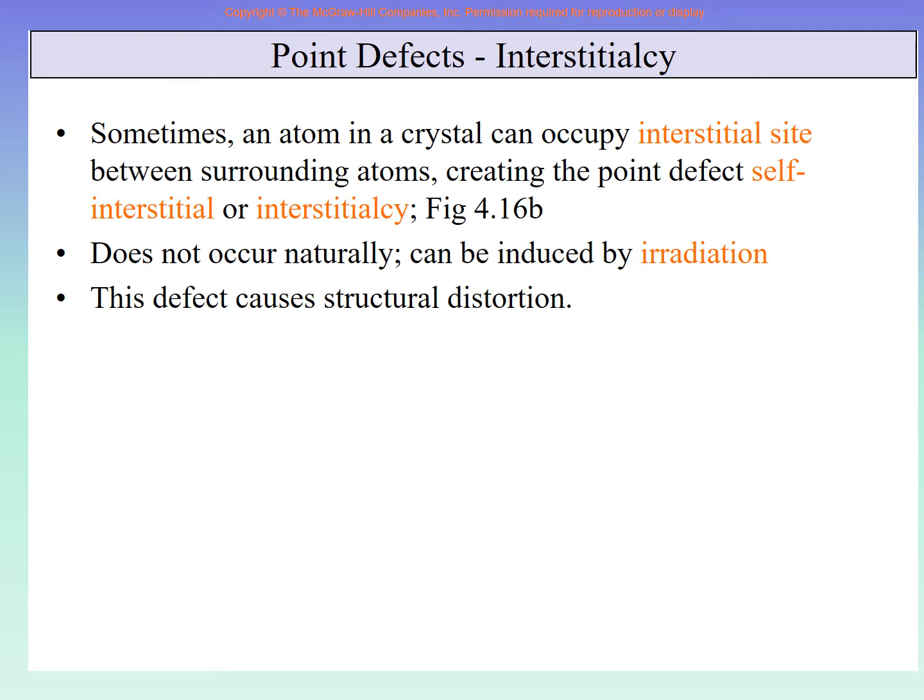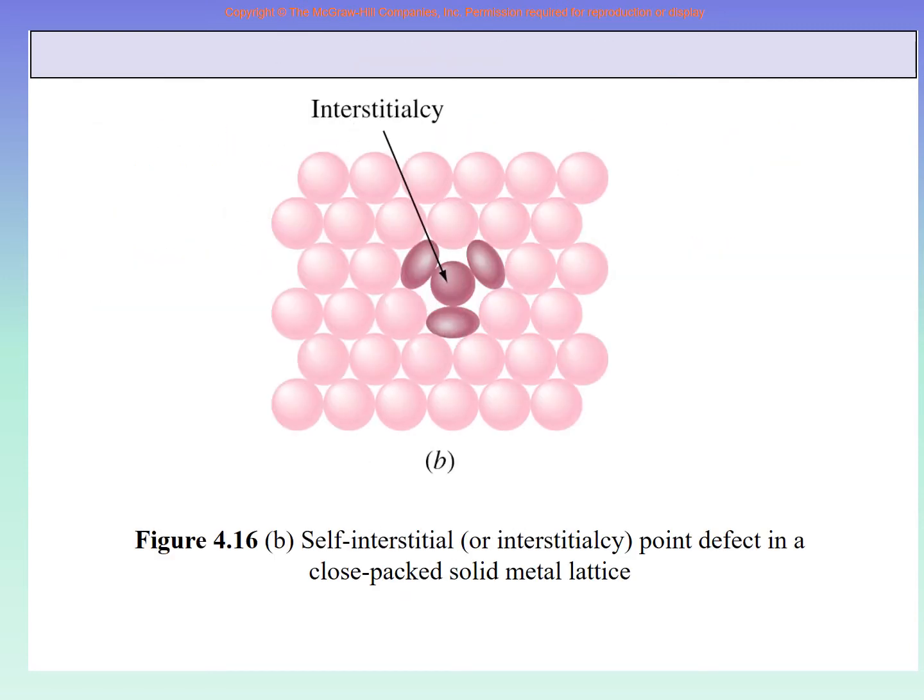So let us see. Now you see, these are the atoms, and this is a self-interstitial. Interstitial sites would be here and here and here. These interstitial gaps are small. If any solute atoms smaller than this size come, then an interstitial solid solution will be formed.